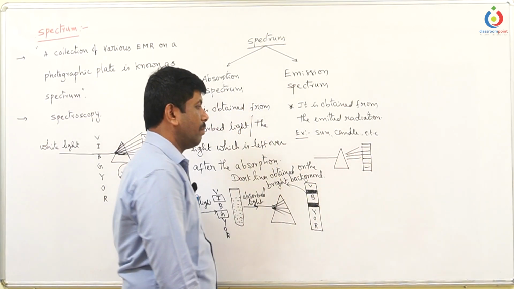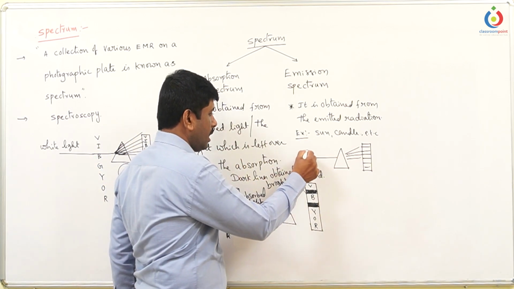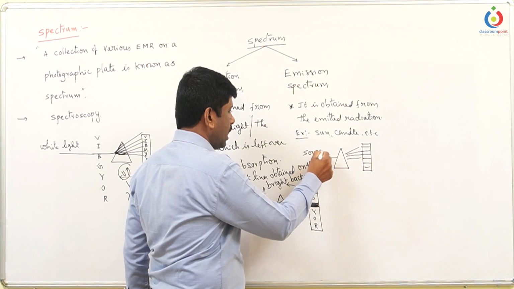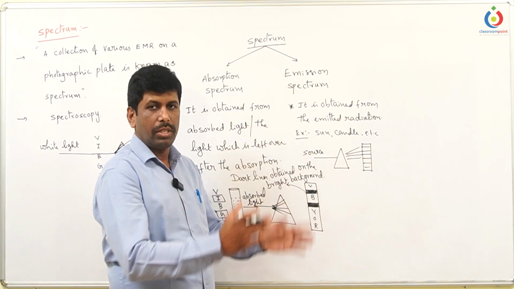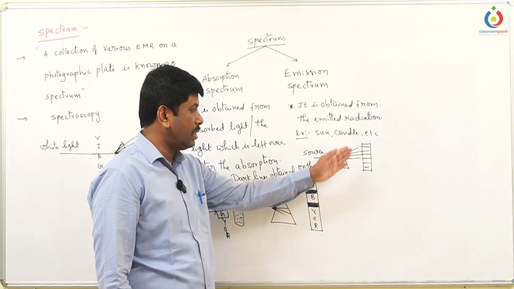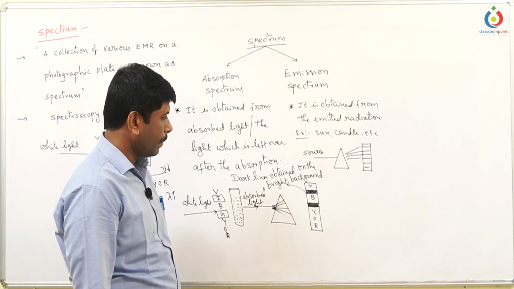So that spectrum means the light released directly from the source hits the prism, the electromagnetic radiation gets separated, and we collect it on the photographic plate. That is called the emission spectrum.